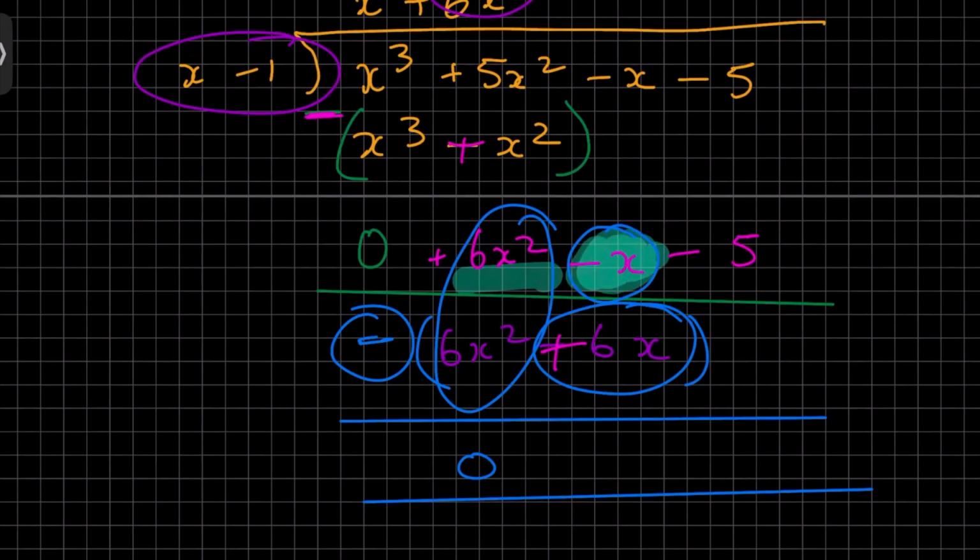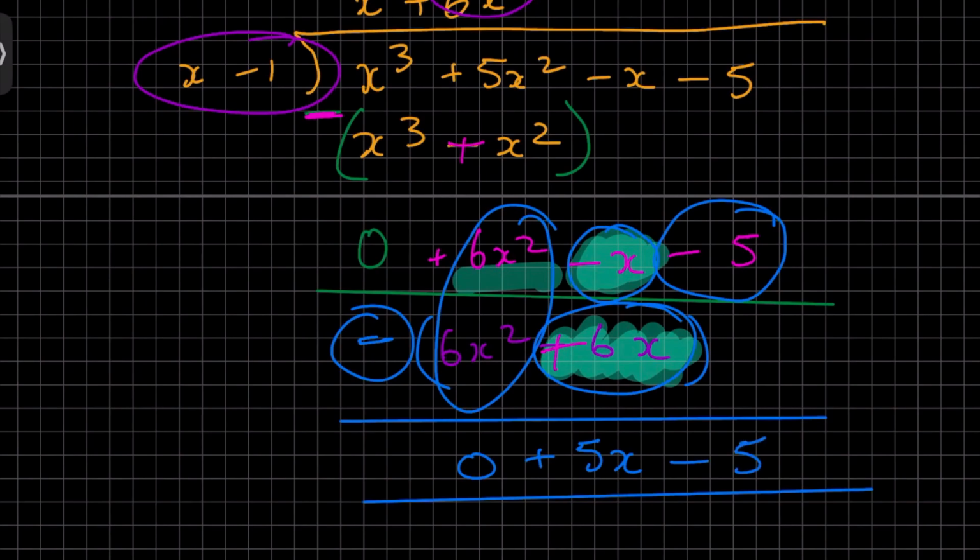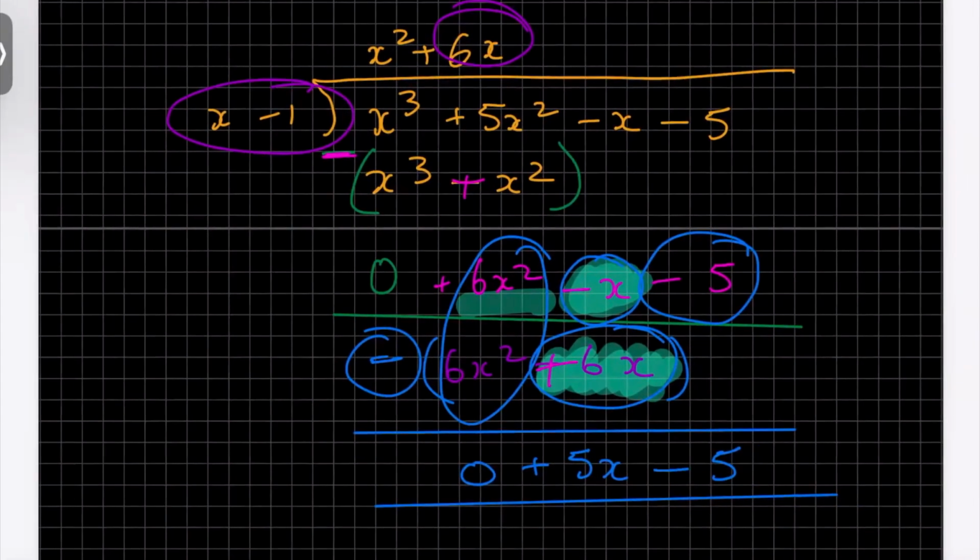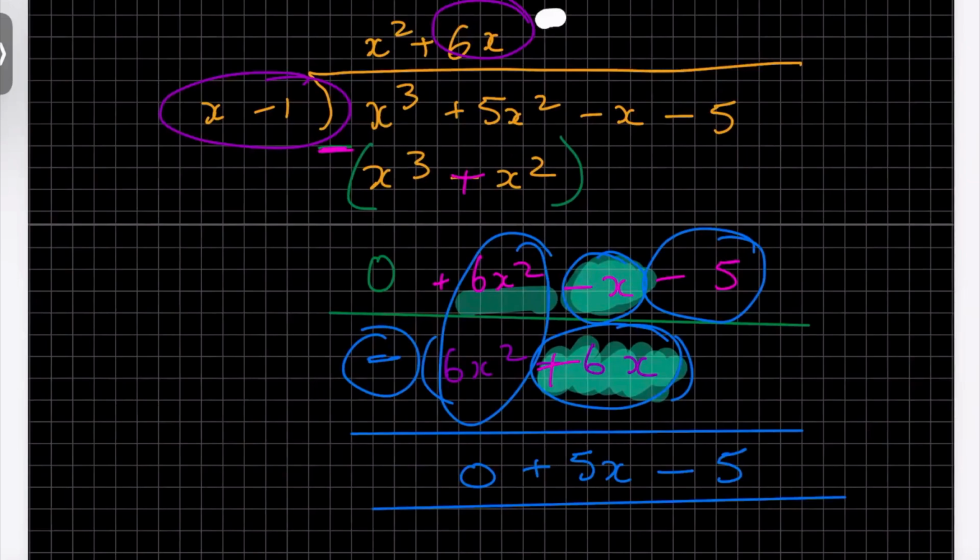Negative x plus 6x should give us positive 5x. Again, the remainder of the last equation would remain the same, so minus 5. Let me neaten this up once more, and we will repeat the process for the next term.